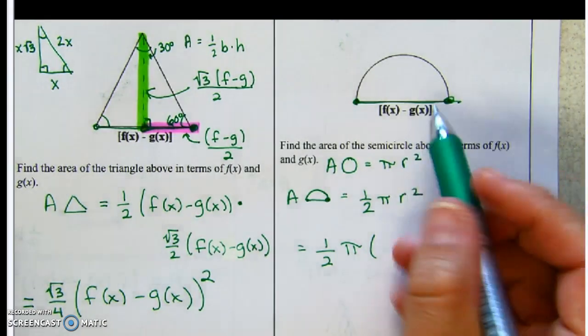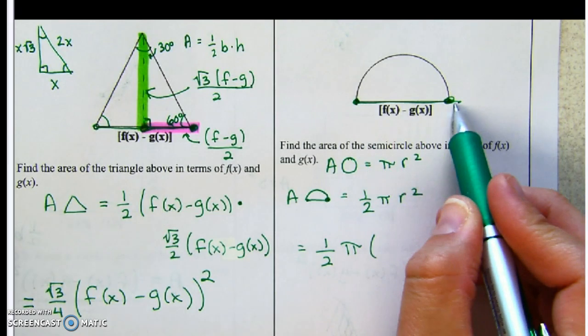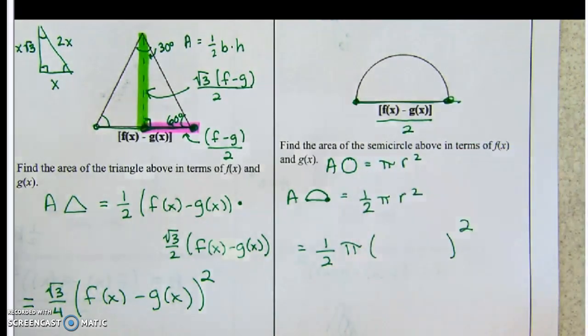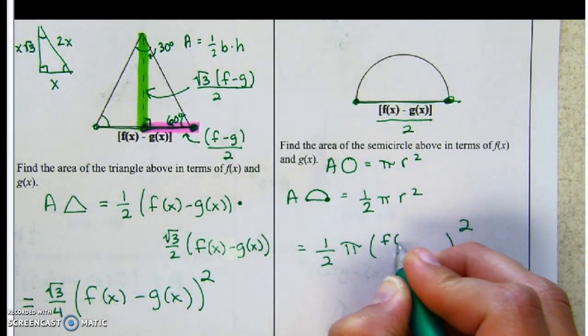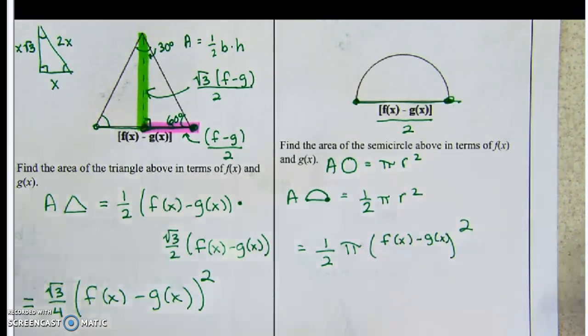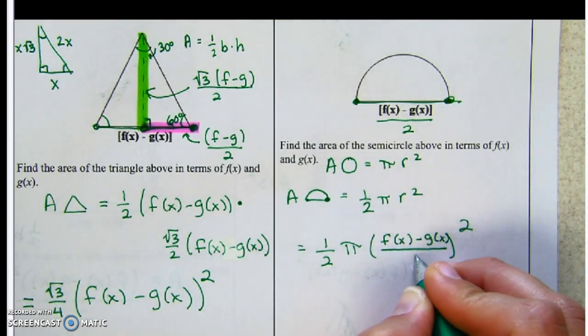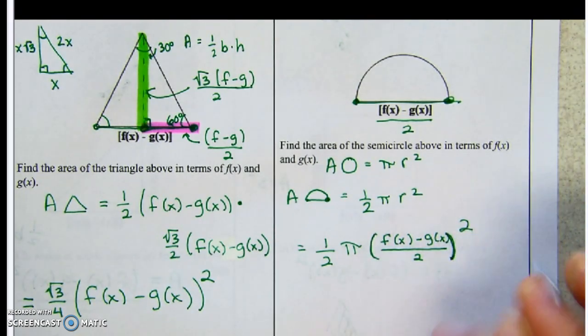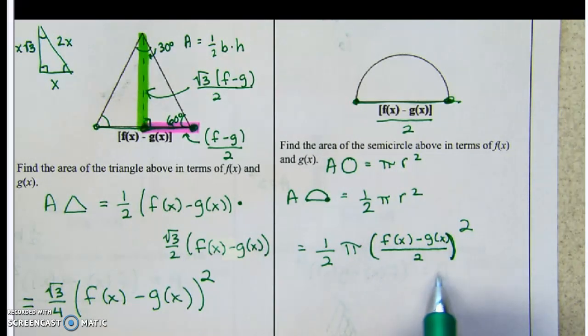If f minus g is all the way across, how do you find half of it? Divide by 2. Be careful here, because this is f minus g over 2, and the entire radius needs to be squared. Do you see how this 2 is being squared? One-half pi r squared.